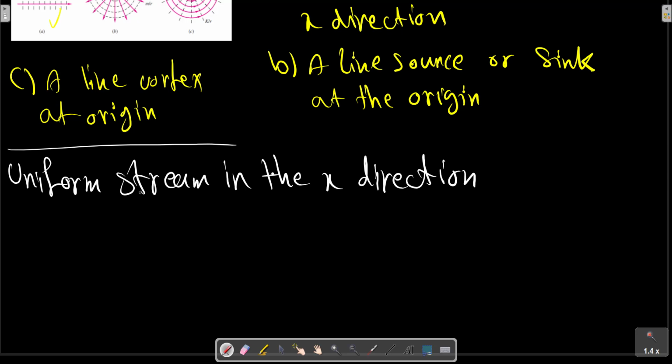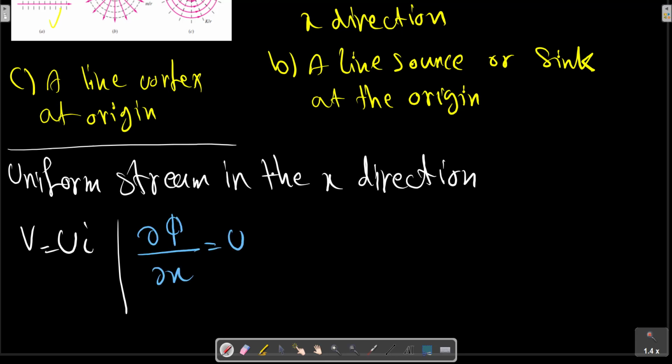A uniform stream V equals, as shown also in this picture, so we have two components. We had previously two components for psi and phi. For phi we had this relation, which was equal also to this relation.